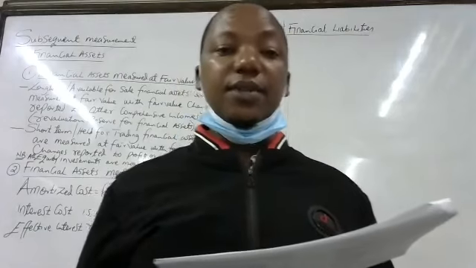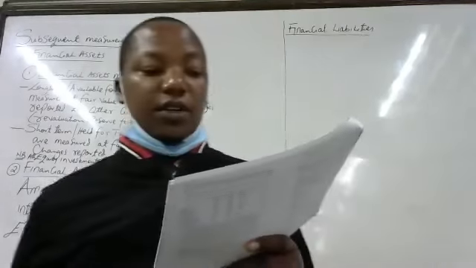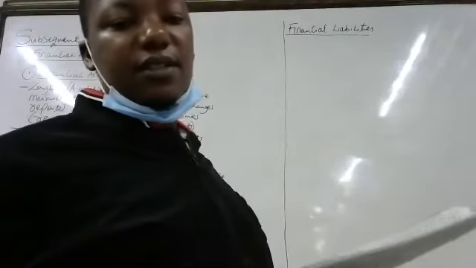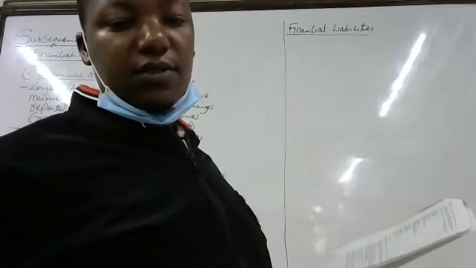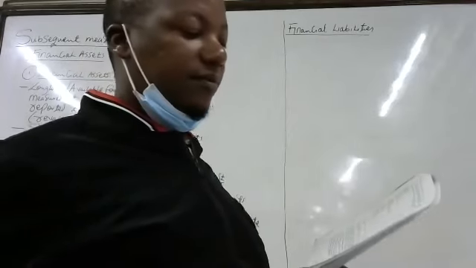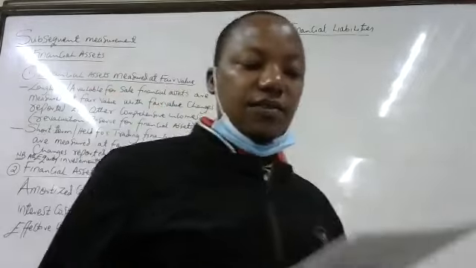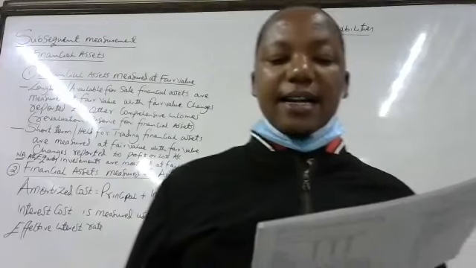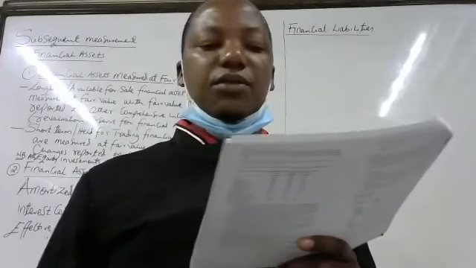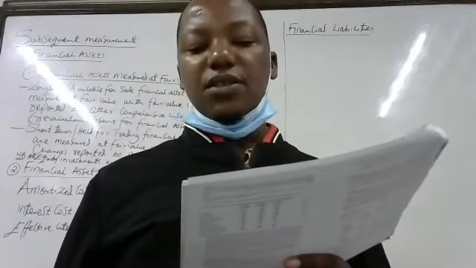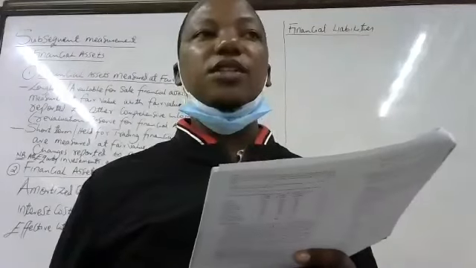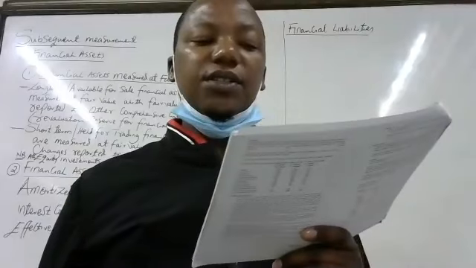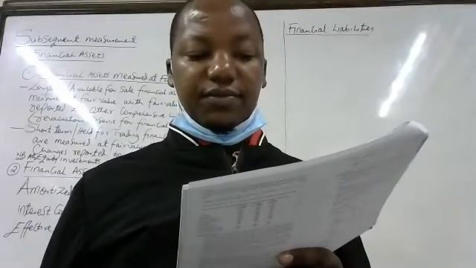On 1st January 2019, Dodoma Limited issued 1 million bonds with a face value of shillings 100 at a market price of shillings 95 million.